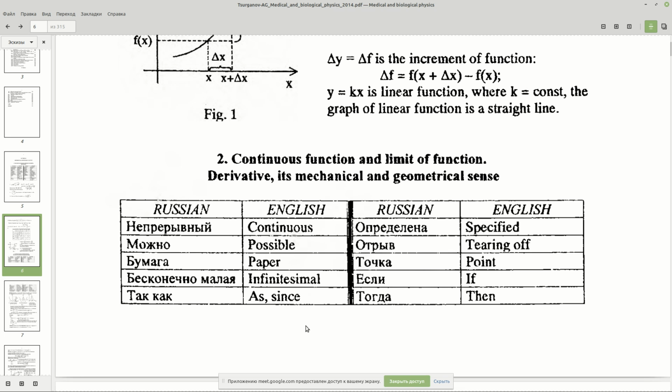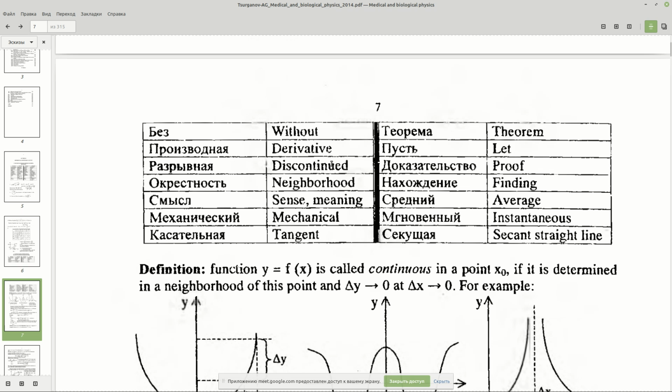So derivative, discontinuous, neighborhood, the sense or meaning, mechanical, tangent, theorem, let, proof, finding, average, instantaneous, second, straight line.